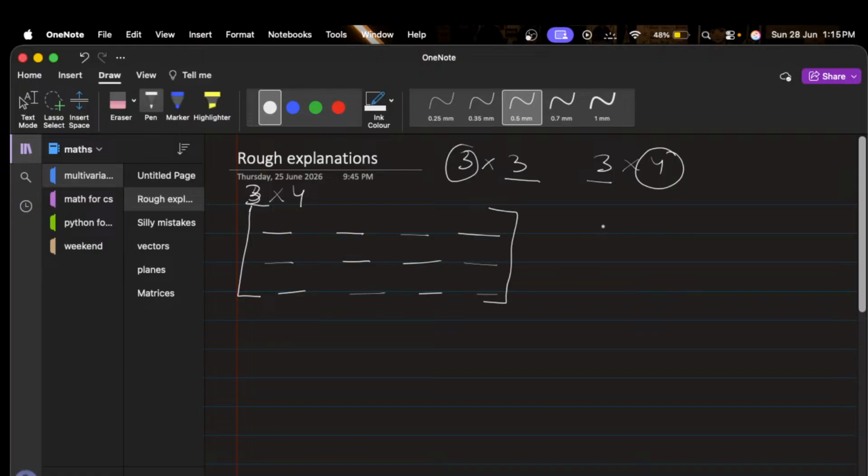Now let's find the elements, C11. Yeah, C11 equals 3 into, so C11 basically means row of this and column of this, correct?